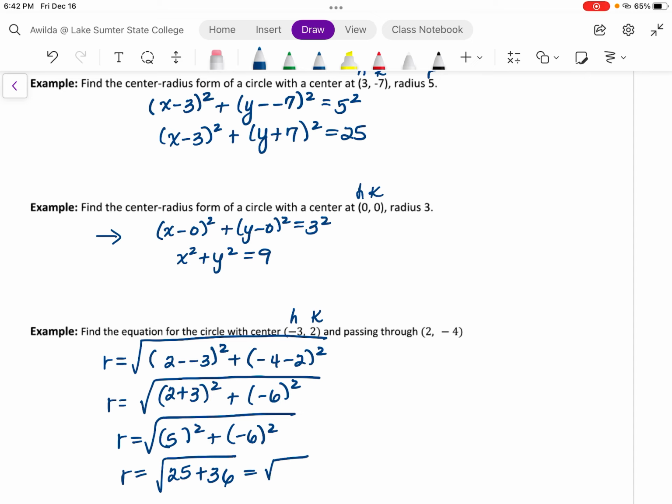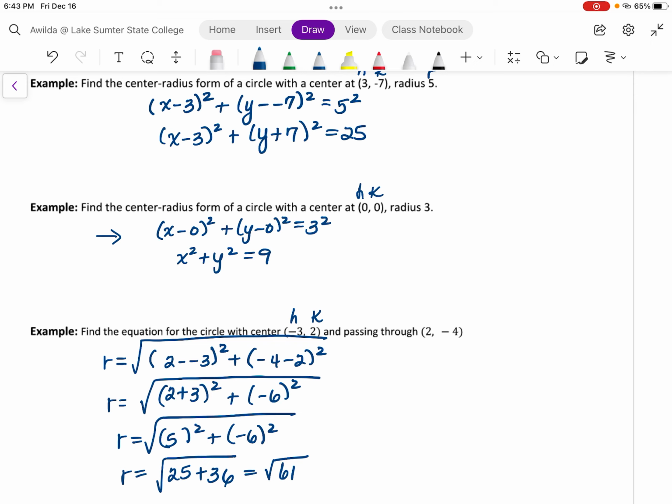We find that the radius is equal to the square root of 61. We cannot simplify the square root of 61 any further because 61 is not a perfect square, nor does it contain any factors that are perfect squares other than 1. Resist the temptation to give an estimate for the square root of 61 by converting it into a decimal. Instead, let's keep this as an exact answer.